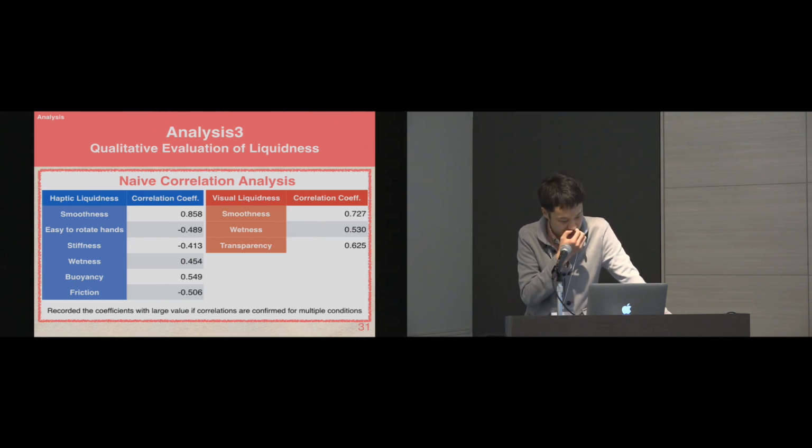Visual liquidness is related to the smoothness, wetness, and transparency. These results may contain spurious correlations, but are intuitively valid, and correspond to the hypothesis that the visual liquidness is related to these 3 factors. So our method is valid to add visual liquidness to the fluidized bed interface.